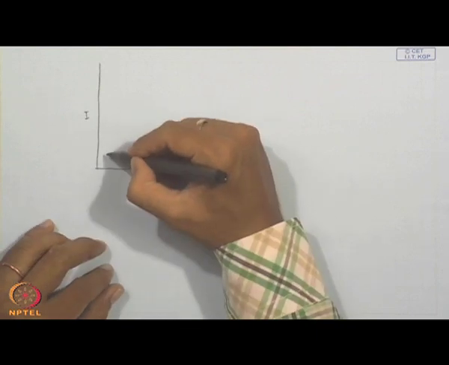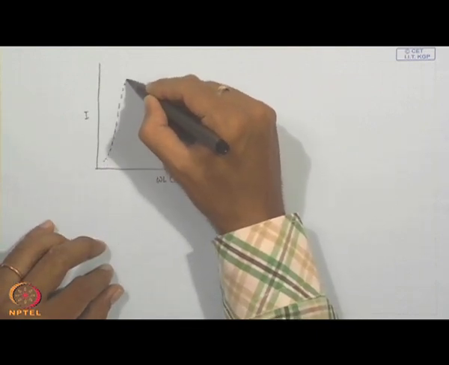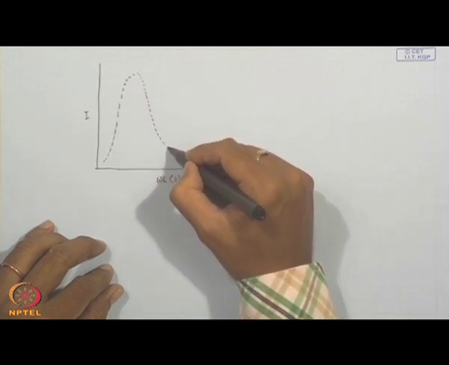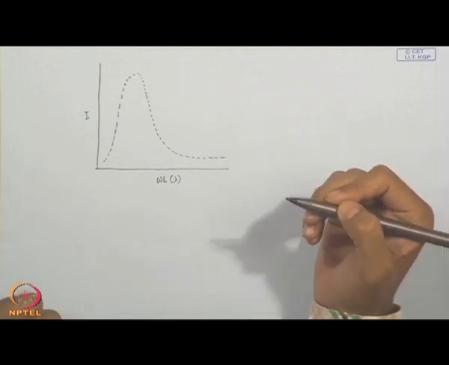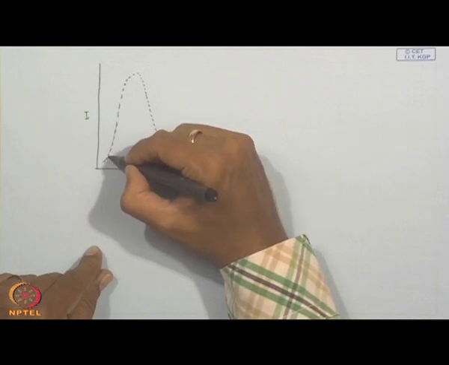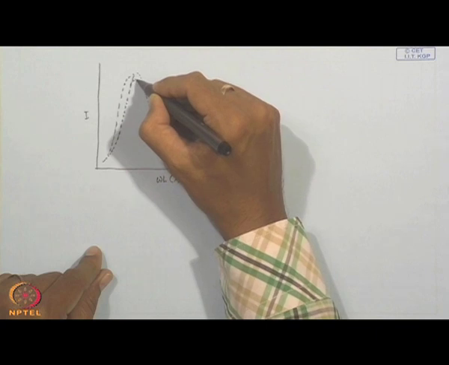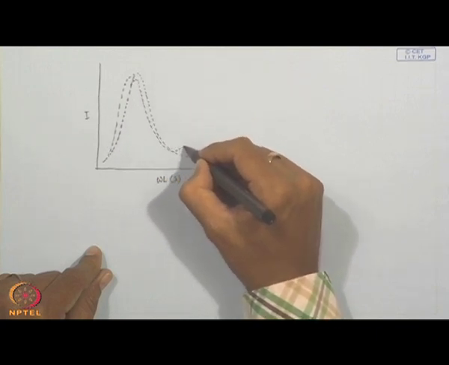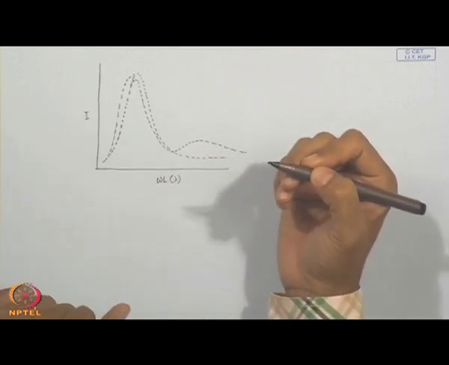And you see that in absence of any quencher, in this case the quencher is an electron transferring species, what is happening is that when you add the quencher, you expect to have an additional band like this, a broad band, of course. This characteristic is a broad band.